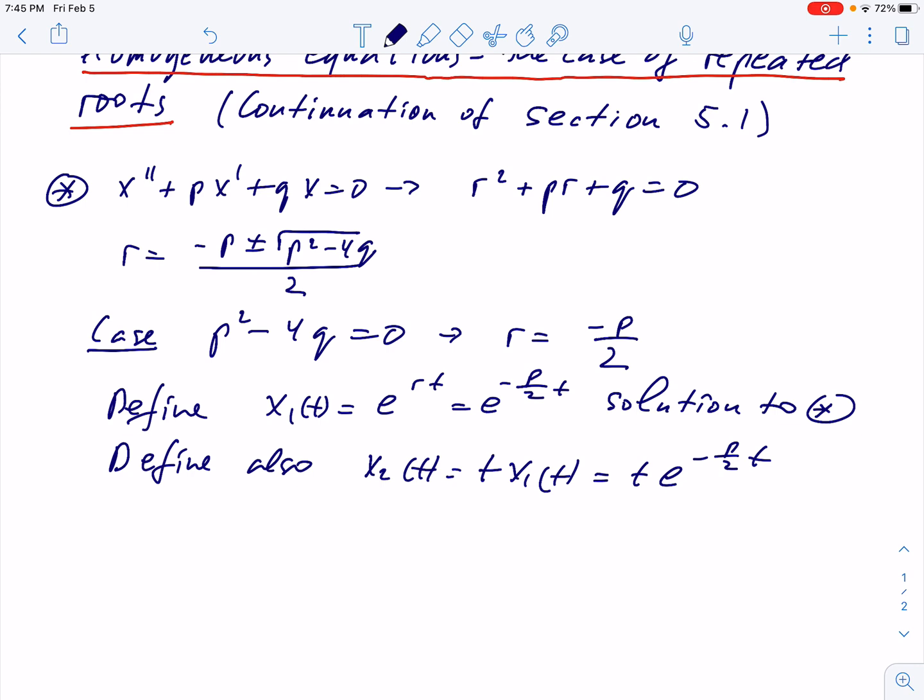Why is this a solution? So I want to prove this to you. I shall put x2 in the equation and you'll see that this is a solution.